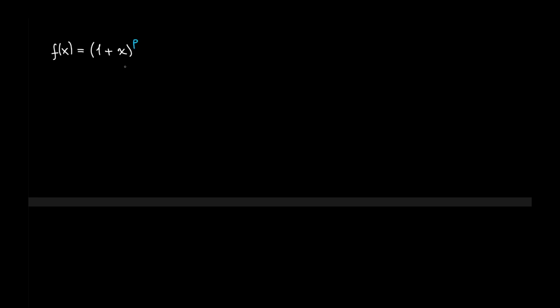It simply says if you have a function in the form of 1 plus x raised to the power of p, the Maclaurin series for this binomial expansion would be 1 plus p times x plus p times p minus 1 divided by 2 factorial times x squared.